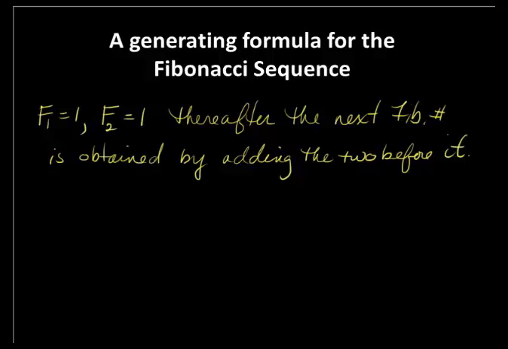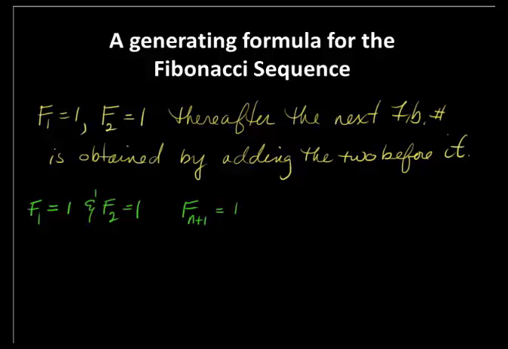Let's say, here I'll change my color here. Let's say that f1 is equal to 1 and f2 is equal to 1. We have to say that. But now how could we say thereafter the next Fibonacci is obtained by adding the 2 before it? Well, why don't I say f sub n plus 1 is equal to the sum of the 2 before it.